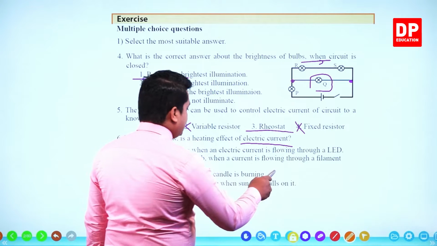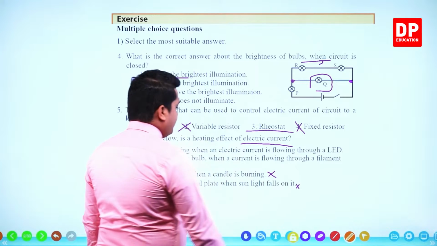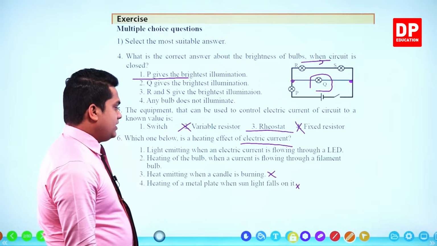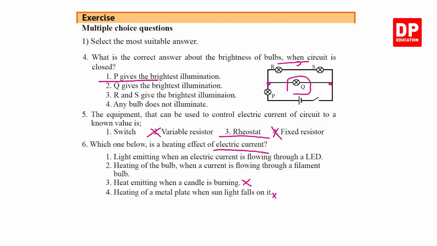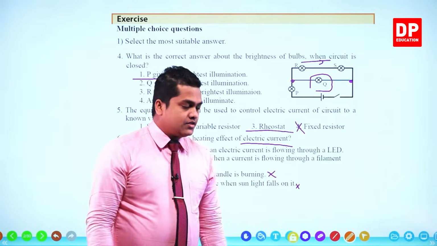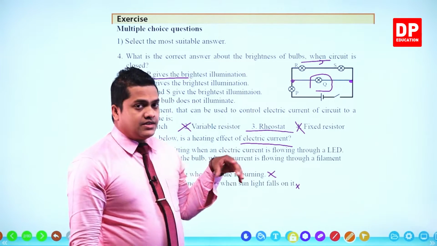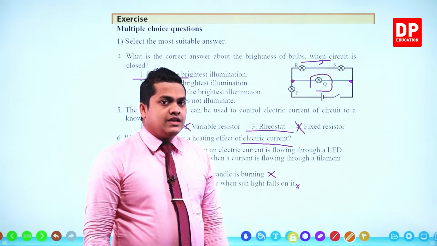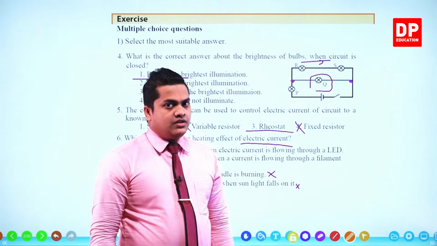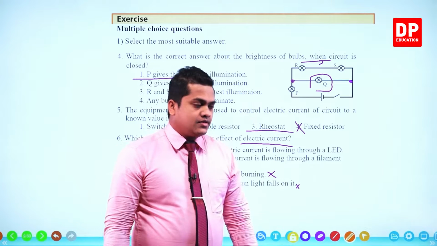Obviously these things are incorrect because electric current is not given over there. Light emitting is the lighting effect. So our obvious answer would be heating of the bulb when a current is flowing through a filament bulb. This is our answer. Over here, it's a lighting effect, and these two are irrelevant to the question because there's no current being used.